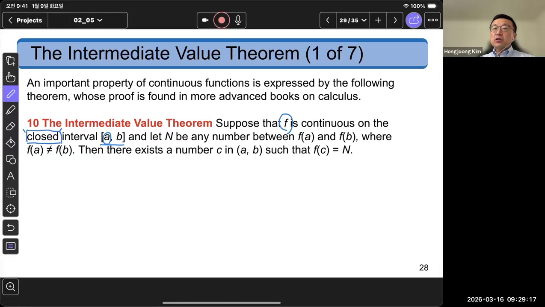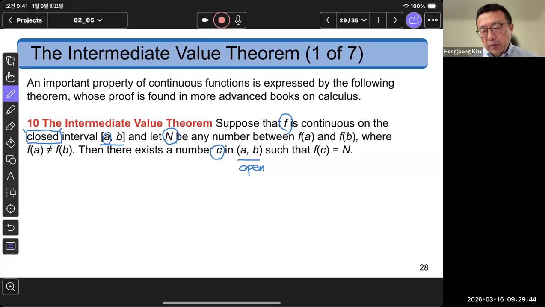So if my function is continuous on this closed interval, and if n is any number between f of a and f of b, then there will be some point c in this open interval such that f of c equals n.